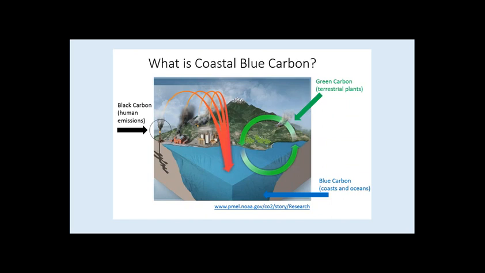So then blue carbon is the carbon taken up and stored by coasts and oceans. And the work that I've been doing the last several years really focuses on just the component of that that's the coastal blue carbon. So this is the carbon taken up and stored in coastal habitats. Primarily we think about salt marshes, mangroves, and seagrasses.